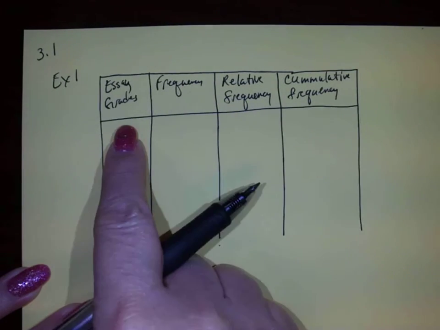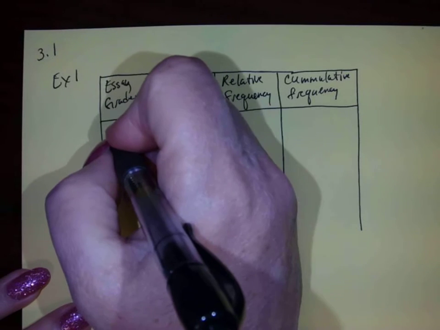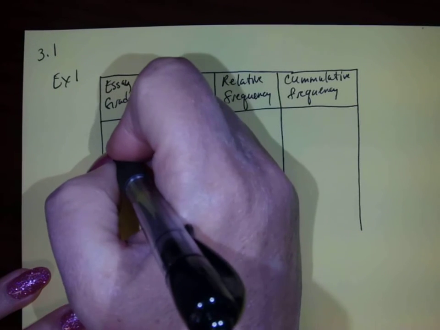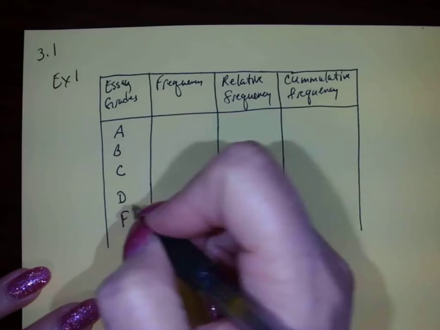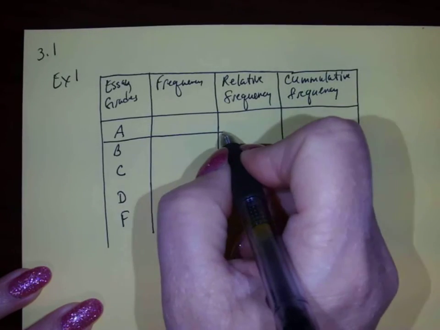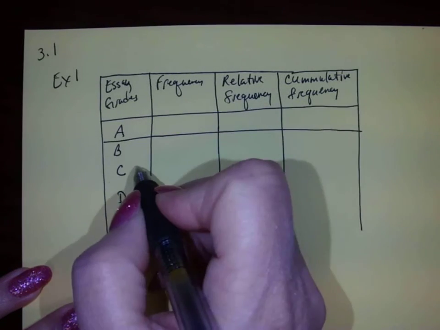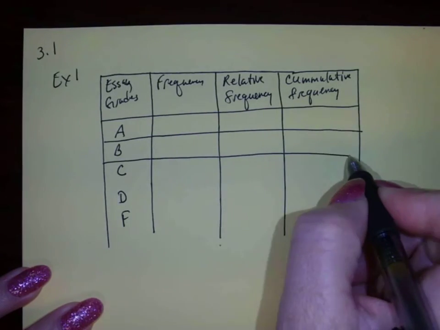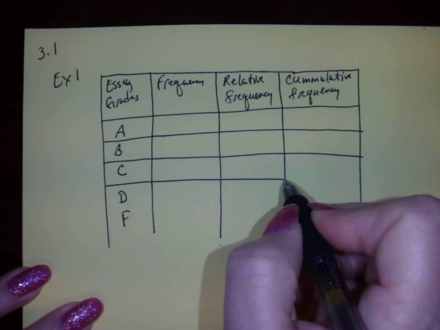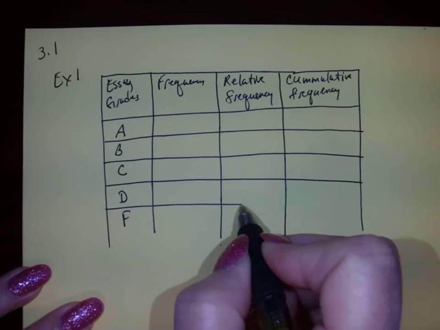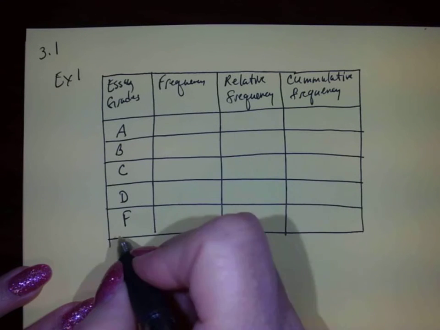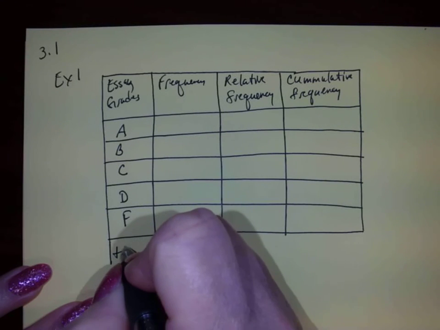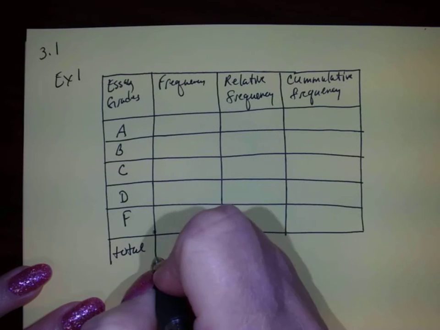Now in our essay grades, we have A, B, C, D, and F. And then down here, we will have our total.